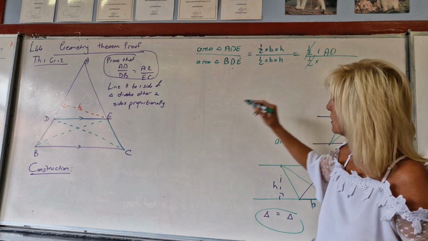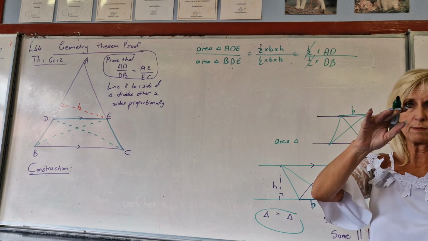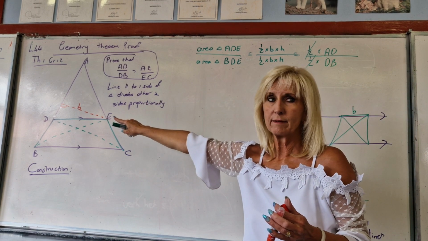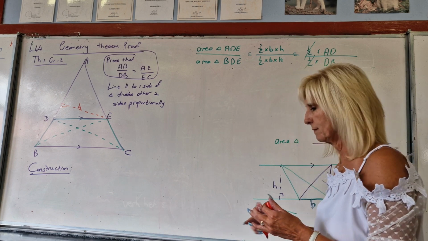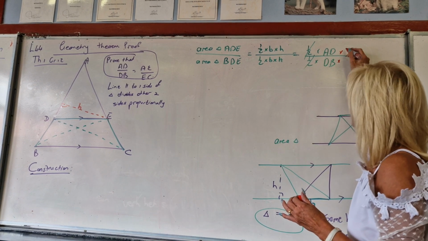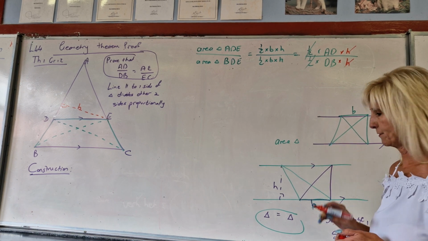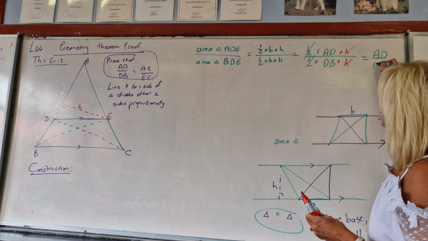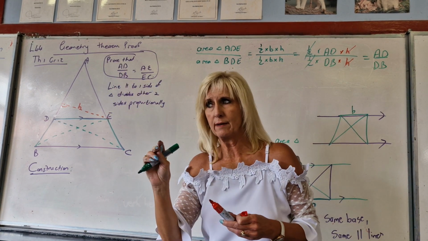The base for the other one is going to be BD, DB, doesn't matter, are you with me? But what's the height for that top triangle? H. What's the height for the bottom one? H. Which will make what happen? Cancel. And what's left? You forced it to be AD over DB. You are forcing this. Are you with me here?